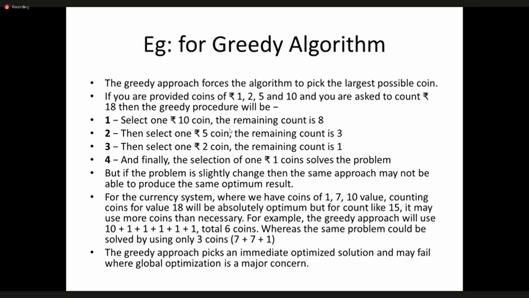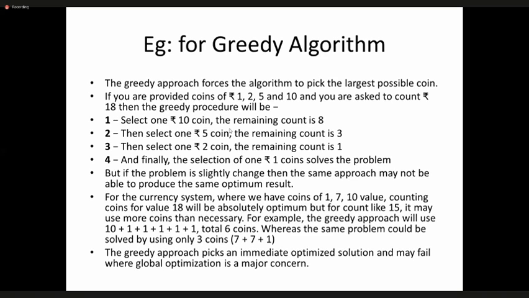Then if we take the greedy approach, it forces the algorithm to pick the largest possible coin, because this example is about coin handling, right? Then imagine you are provided coins with the dollar value of 1, 2, 5 and 10, and you are asked to count $18. Then you have to count the $18 using this greedy procedure, right?